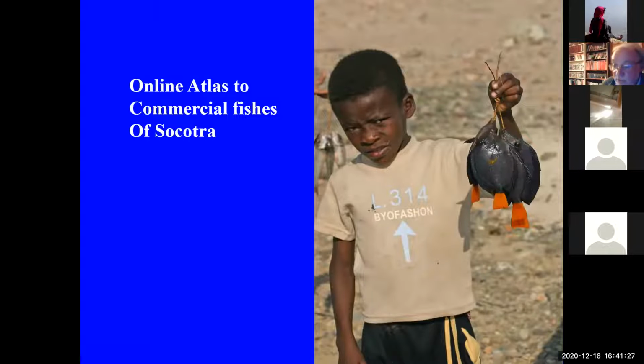I don't know a lot about that, but this early part of the program was overseen by Sengenberg University. They were the managers of the program, and they had a great interest in the marine life. And so this online atlas of commercial fisheries will be, I think, an important tool for sustainable fishing.